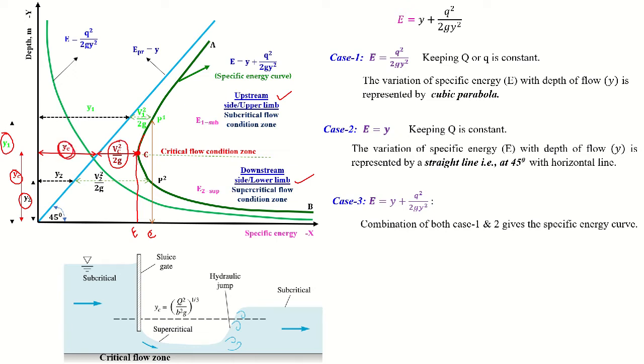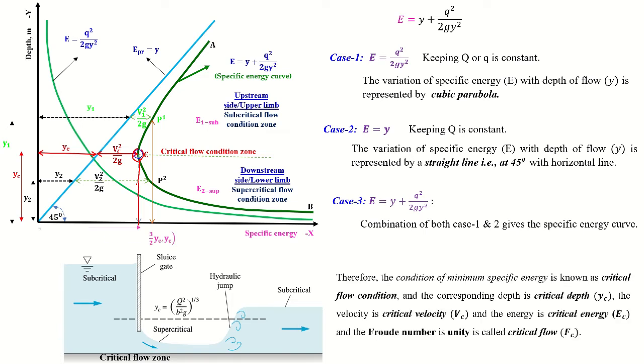Take the base line, draw the straight line, and the upper zone, the entire zone, is your upstream zone, called the subcritical zone, and below this is your supercritical zone. Where the specific energy is minimum, that is called your critical flow condition.